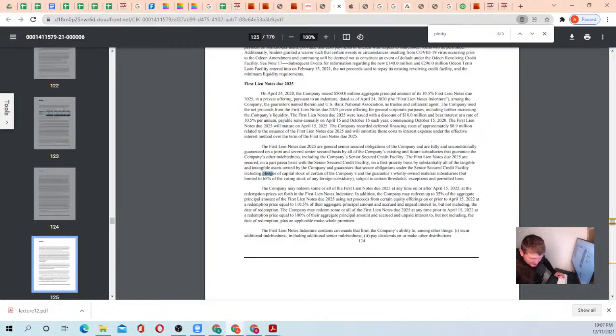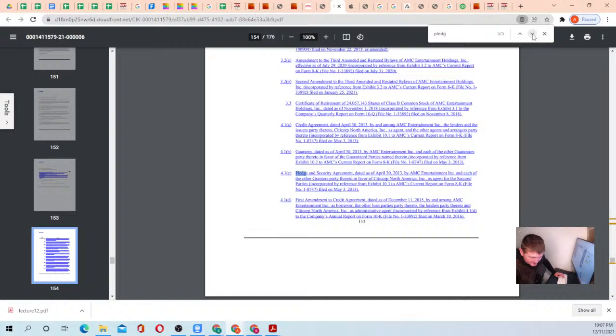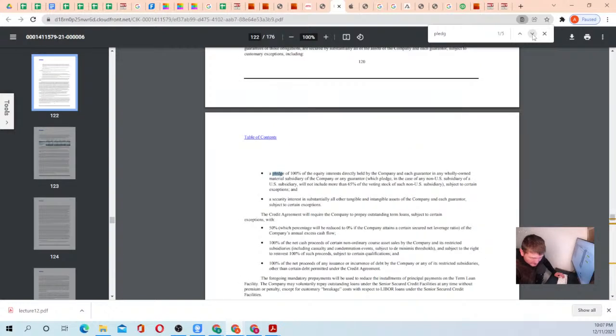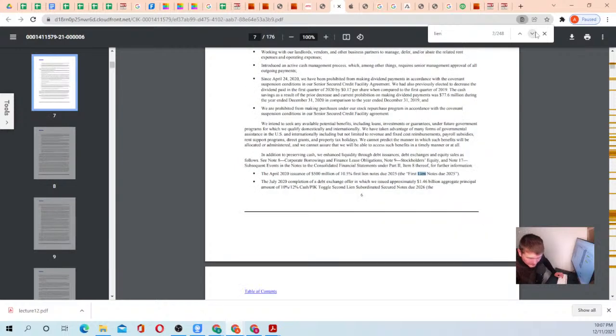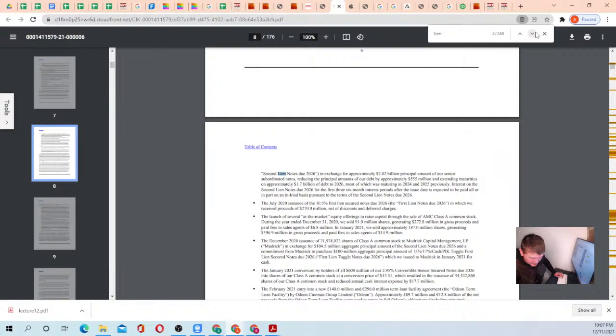We have pledges of capital stock of certain company subsidiaries and pledge of equity interest. Okay, and we have like a billion mentions of lien, because one of the loans of AMC has lien in its name.